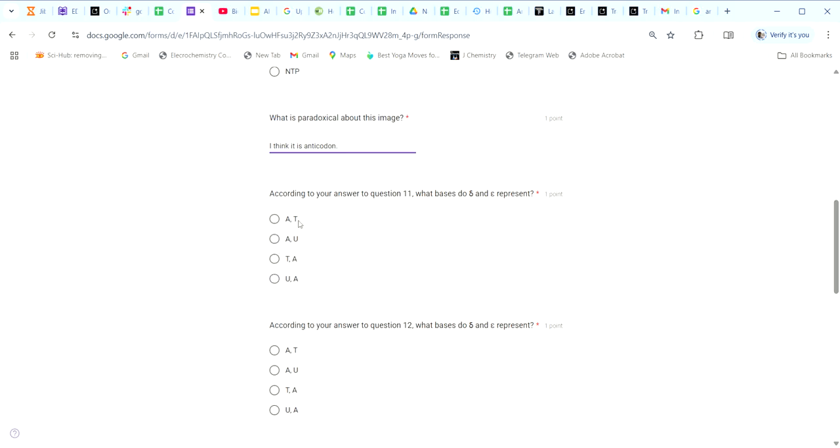Okay, I have not much idea about this because I've not studied this codon or anticodons recently, or it has been studied in the high school class, but I'm not in touch with this.